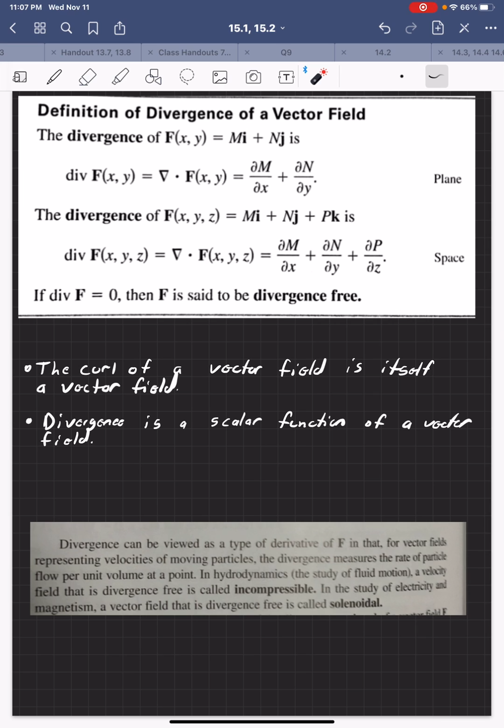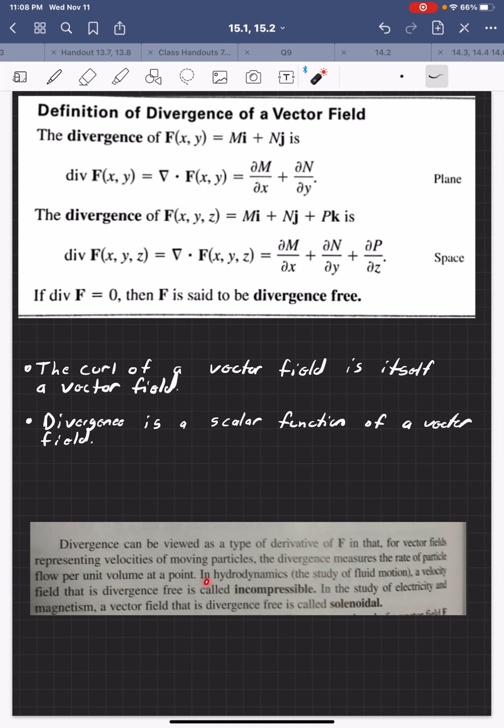For vector fields that represent velocities of moving particles, if you've got some vector field out there and every vector represents velocities, then you can interpret the divergence as measuring the rate of particle flow per unit volume at a point.